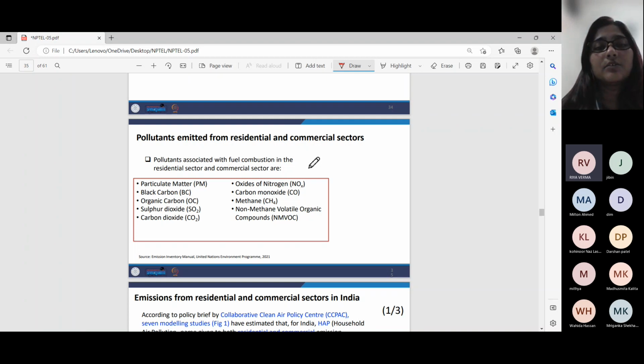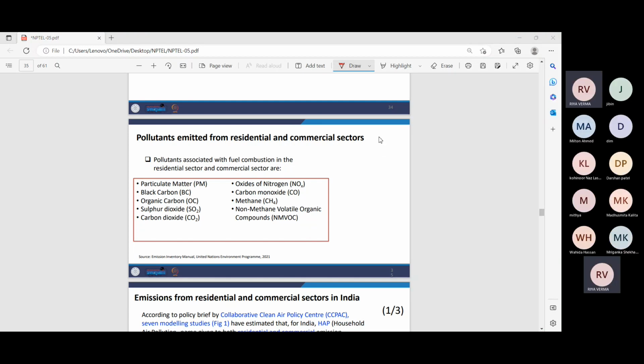So, the pollutants associated with fuel combustion in the residential and commercial sectors include particulate matter, black carbon, organic carbon, sulfur dioxide, carbon dioxide, oxides of nitrogen, carbon monoxide, methane, and non-methane volatile organic compounds, NMVOCs. These are all the pollutants associated with fuel combustion.